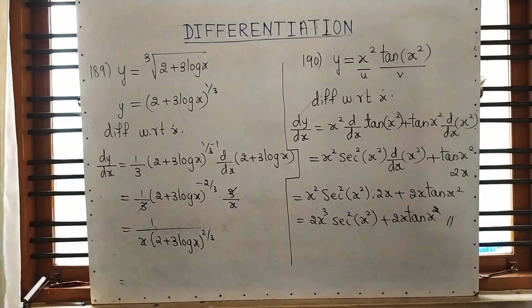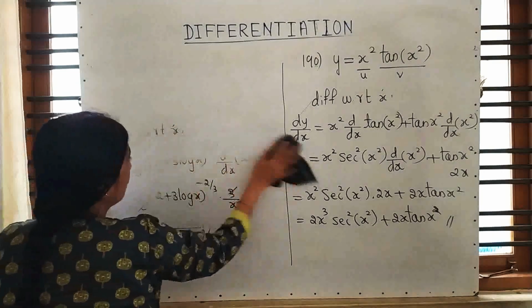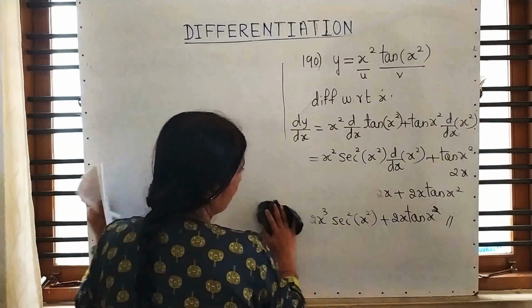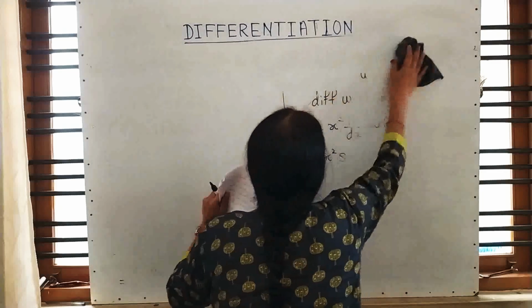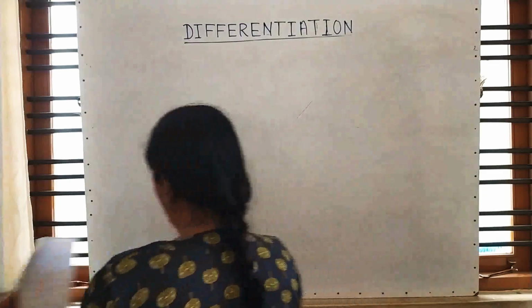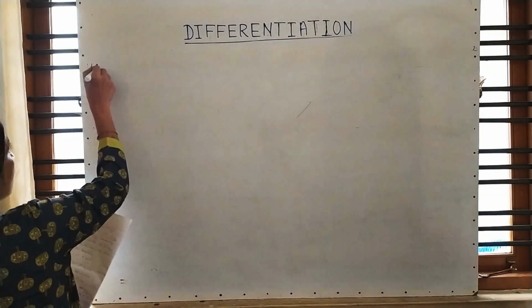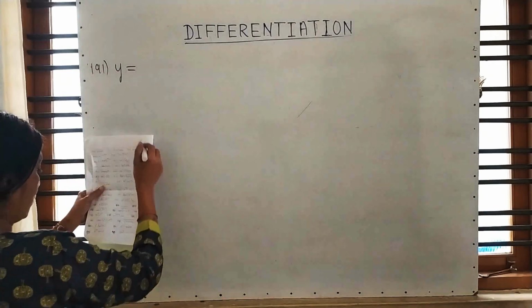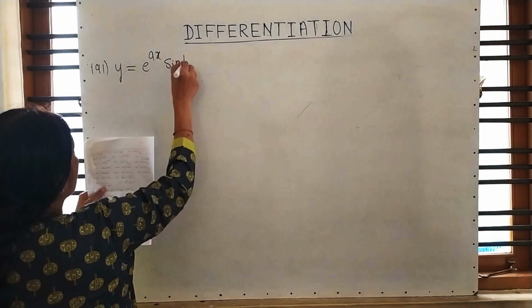Moving to the next question. Question number 191. Y is equal to e raised to ax sin bx.